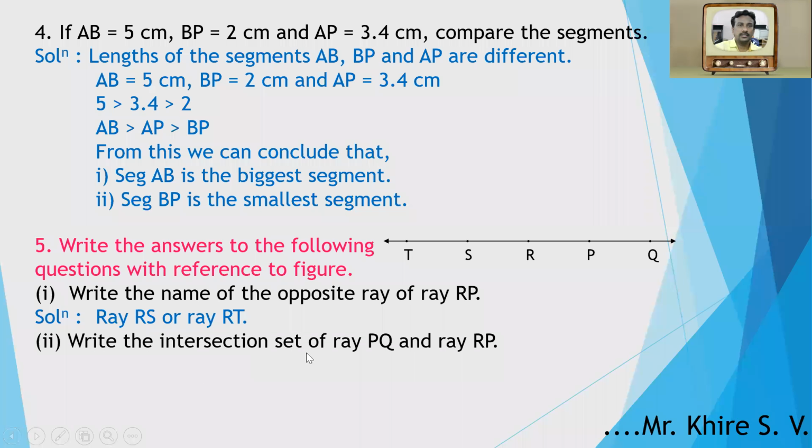Second question, write the intersection set of ray PQ and ray RP. Intersection means the common point between these two.